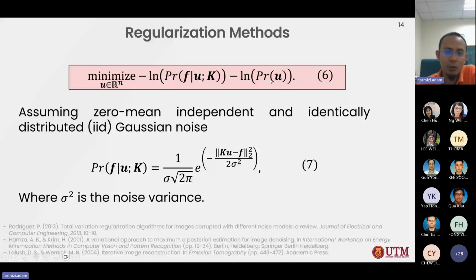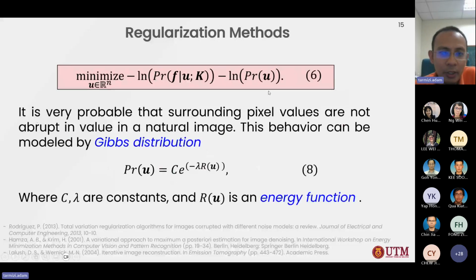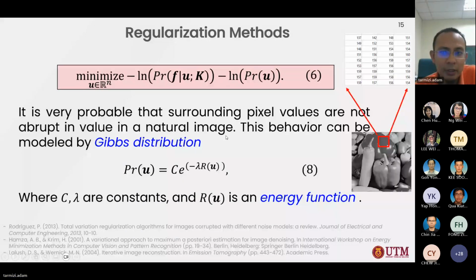If we assume that this probability is a zero mean, independent, and identically distributed Gaussian noise, which is this probability over here, and this prior probability is assumed to have a Gibbs distribution, because it is found that if you look into the pixel values of an image, they do not really change very abruptly between the pixels.